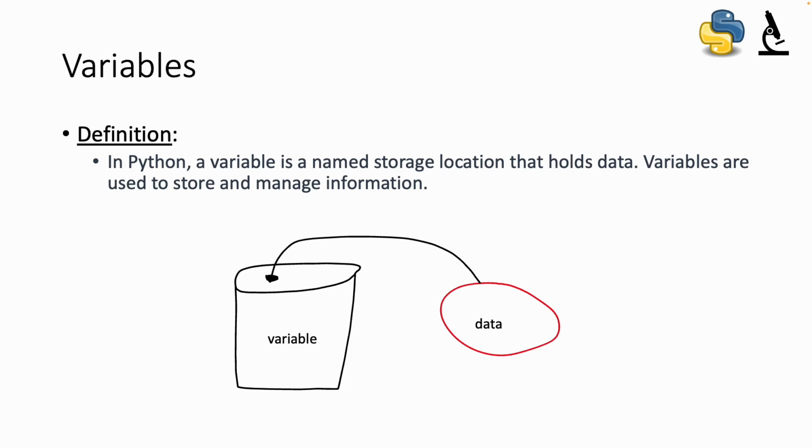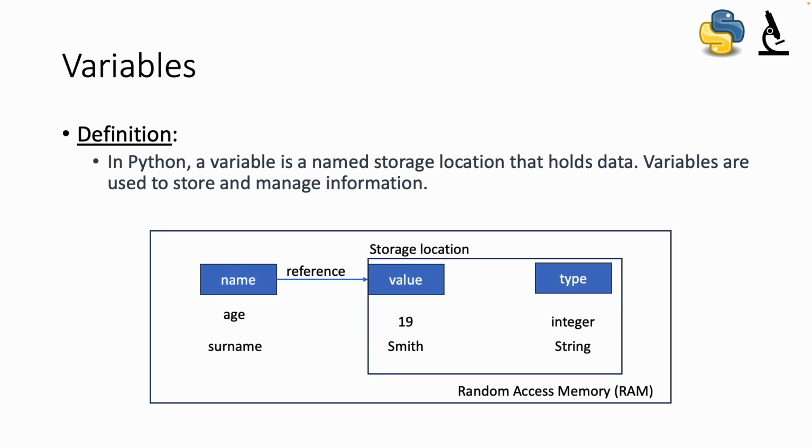If we think about it in a more accurate way, we can visualize the random access memory of the computer. On the left-hand side, we have the name of the variable, for example, age or surname. This name serves as a reference to a certain storage location.